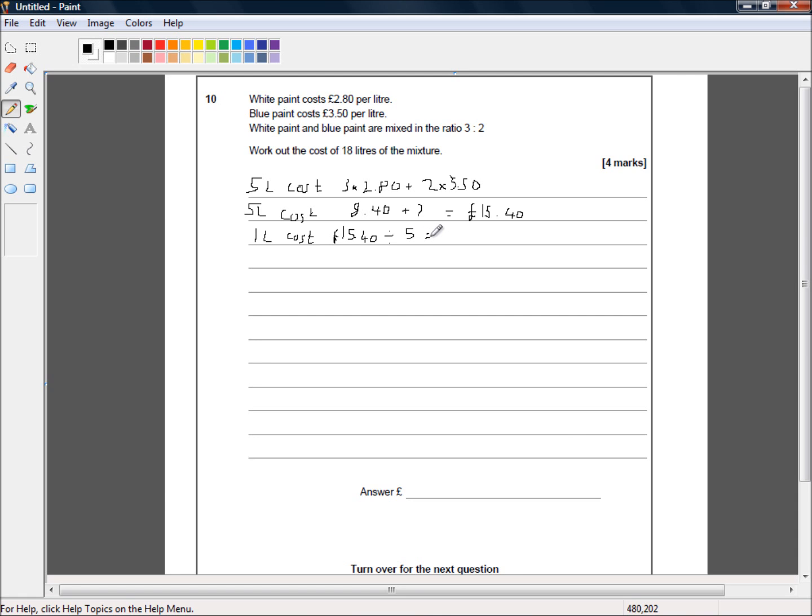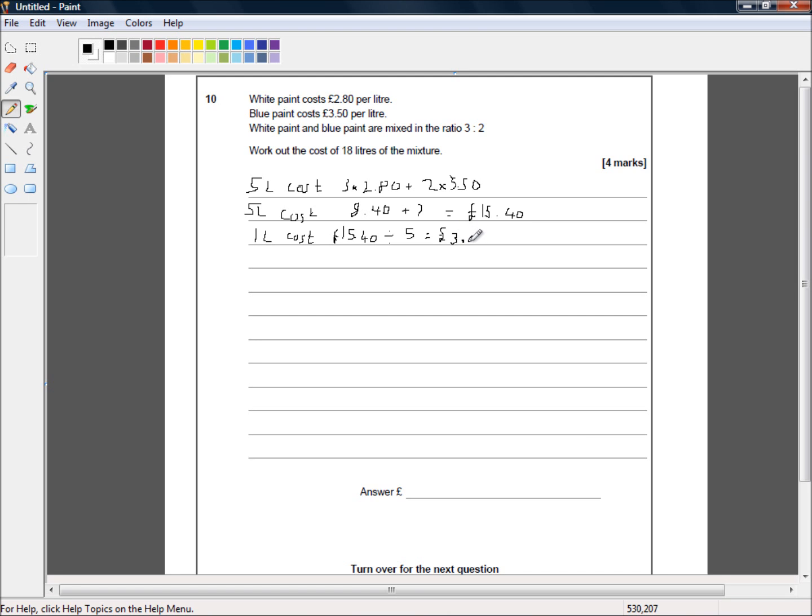Okay, so 15 divided by 5 is 3. 40p divided by 5 is, well, 8 times 5 is 40, so that's 8p. So that's £3 and 8p is the cost of 1 litre.